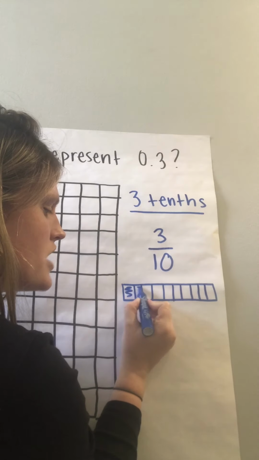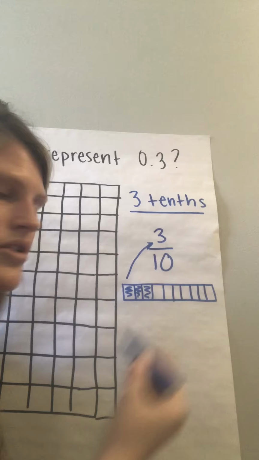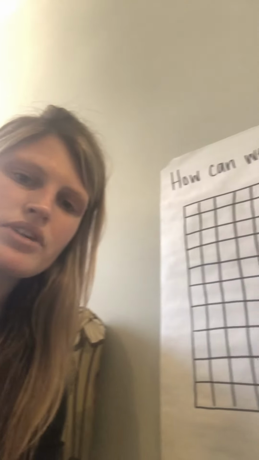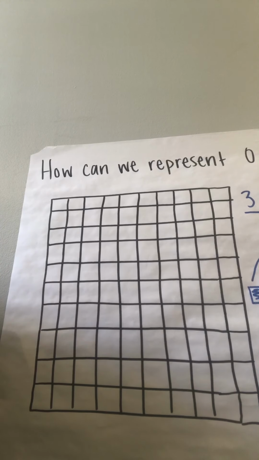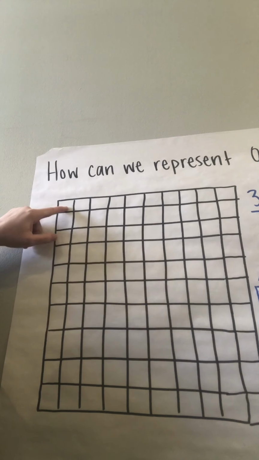I would shade in 3 pieces for 3/10. But that's how I show it when I have a whole that's broken into 10 parts, and I don't really know how to show 3/10 on a model that definitely does not seem like it's tenths.